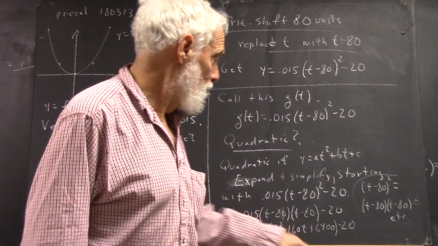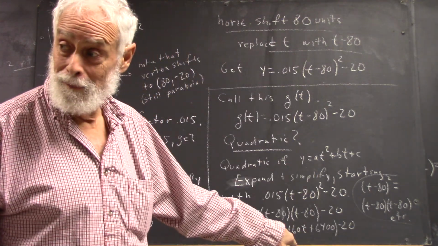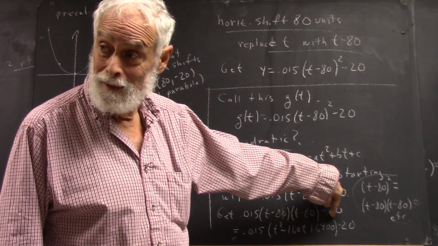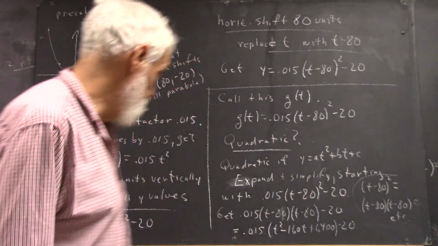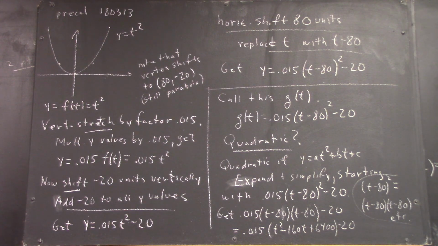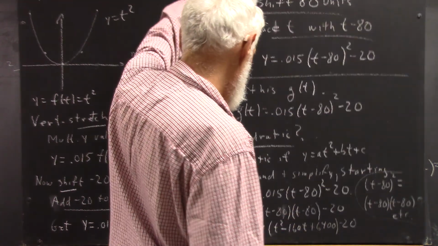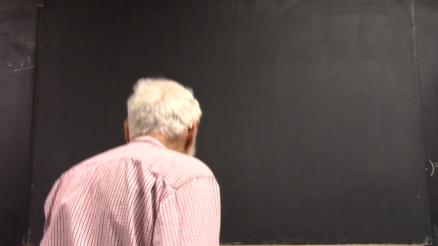The distributive law proves that this squared is this. Then you use the distributive law and multiply through by the 0.015, and then you subtract your 20. And when you do, you get this. Okay? So I've got to pull that down and put it up here.